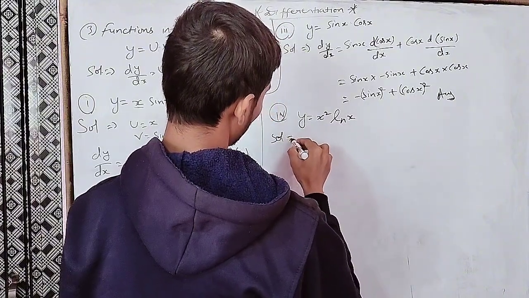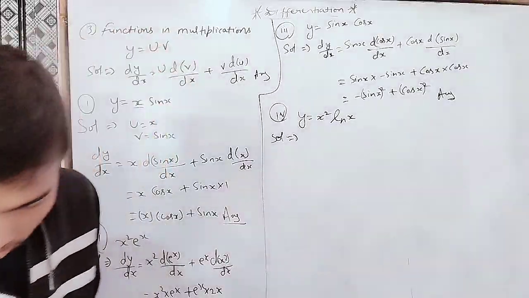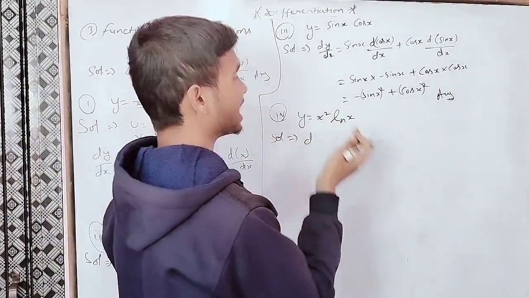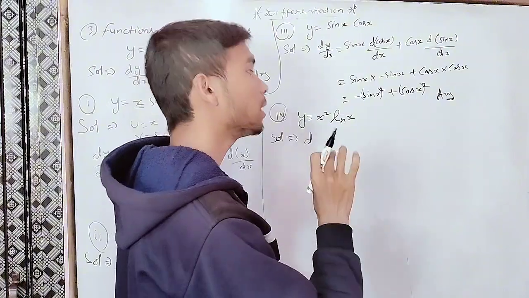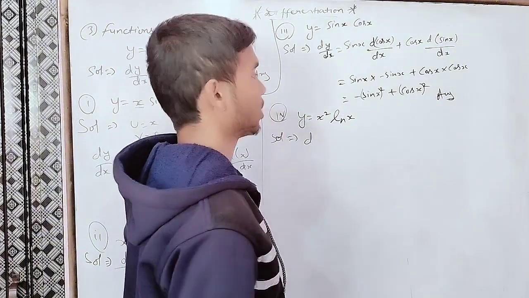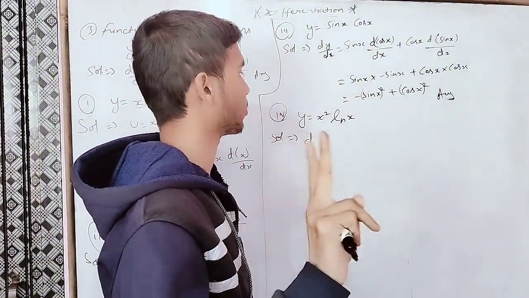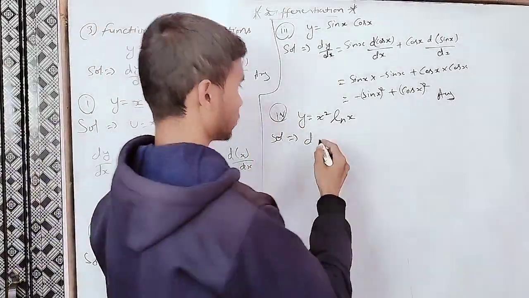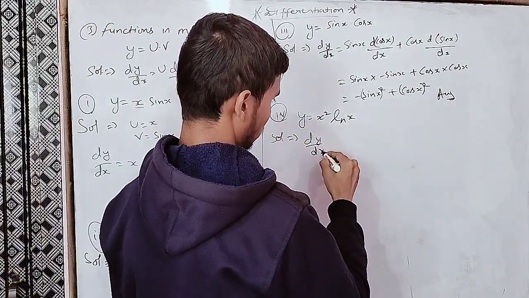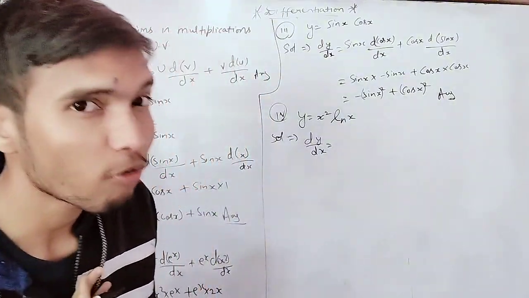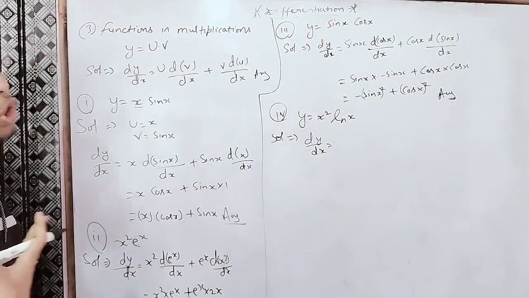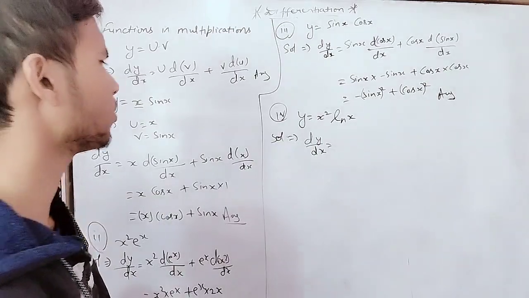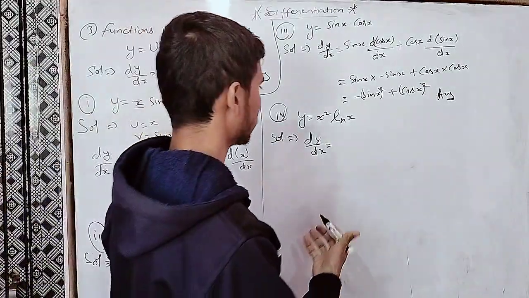Solve it. U is x square and v is ln x. So we have two functions. Remember, how many functions do we have? Two functions. Two functions are in multiplication. That's why we will use our formulas for differentiation.